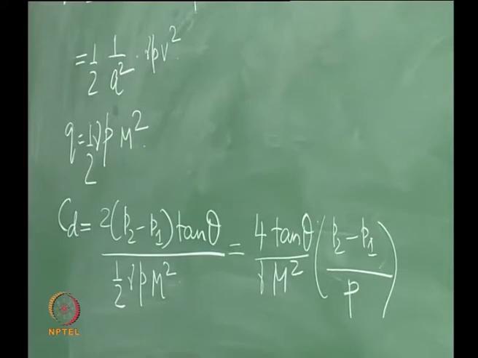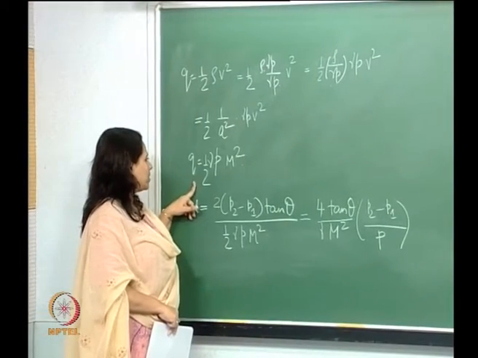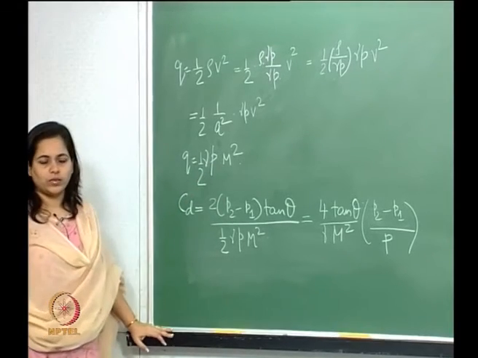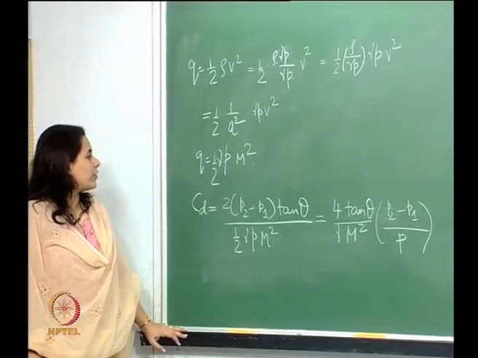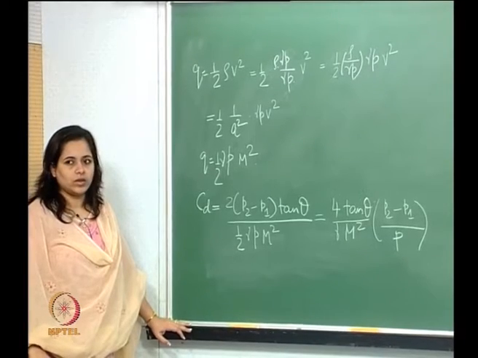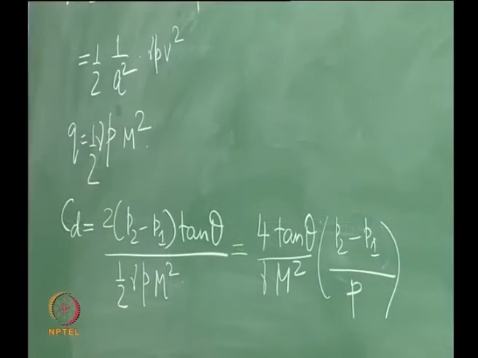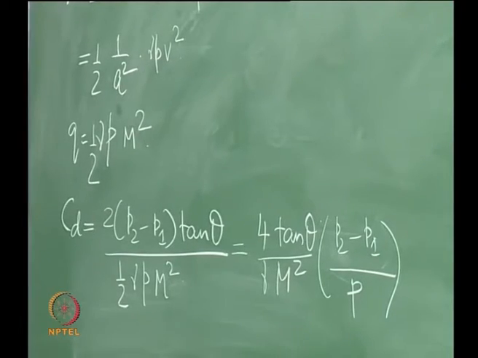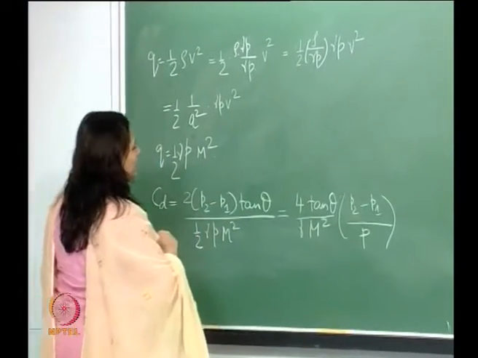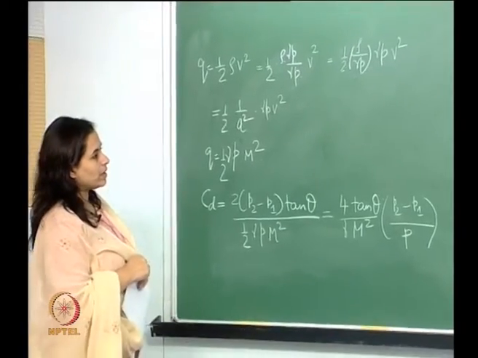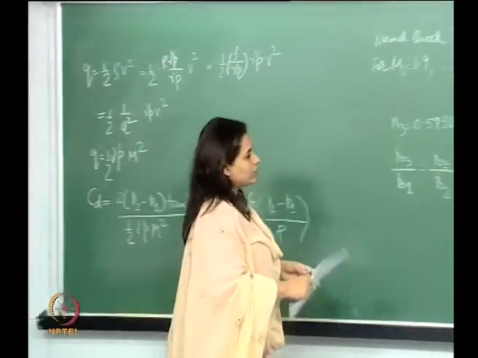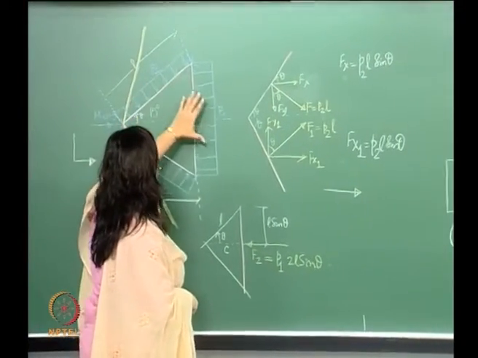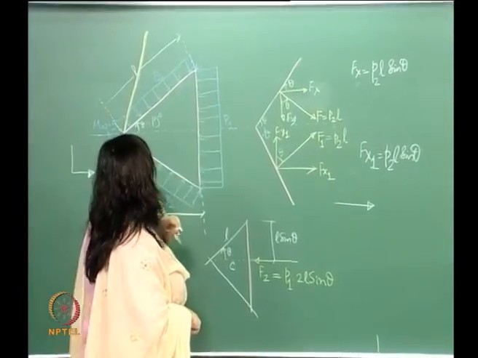Now the question is, this Q corresponds to the gamma pressure and Mach number. When I say P2 by P1, let us go back and look at this over here. This is my P2 and this is my P1.